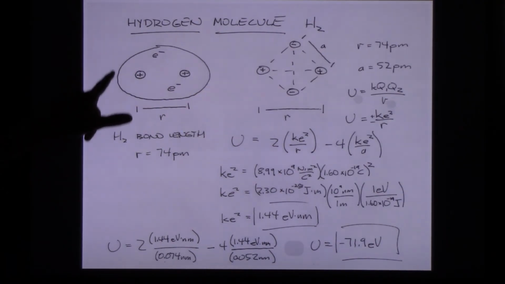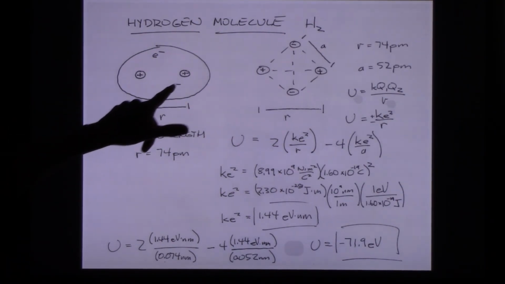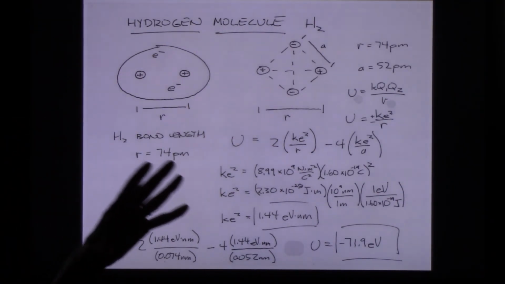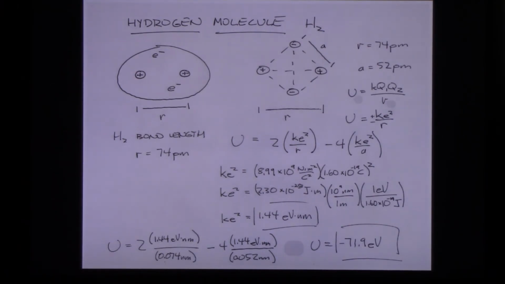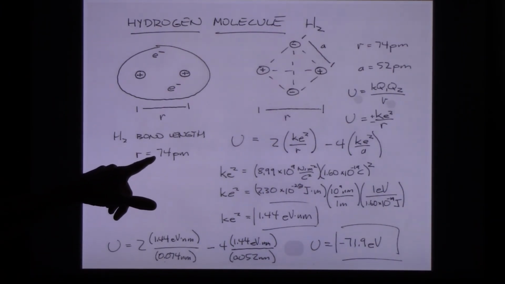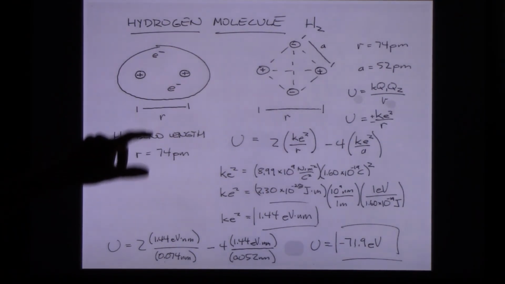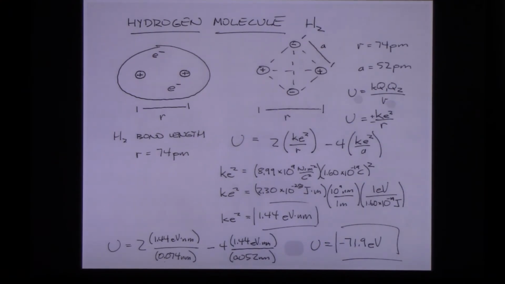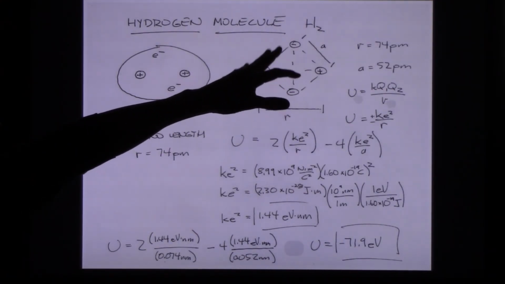And then here is a set of electrons in some kind of a spatial probability distribution. Now, what I did in this problem, and I probably shouldn't have calculated it this way, is I looked up the bond length of H2. It turns out that the two nuclei are separated by 74 picometers in an H2 molecule.